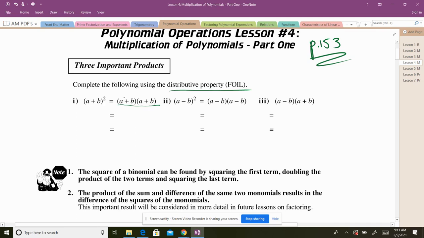And so if we're going to distribute it or FOIL it, we go a times a, which is a squared, a times b, which is ab, b times a, which is ab, and b times b, which is b squared.